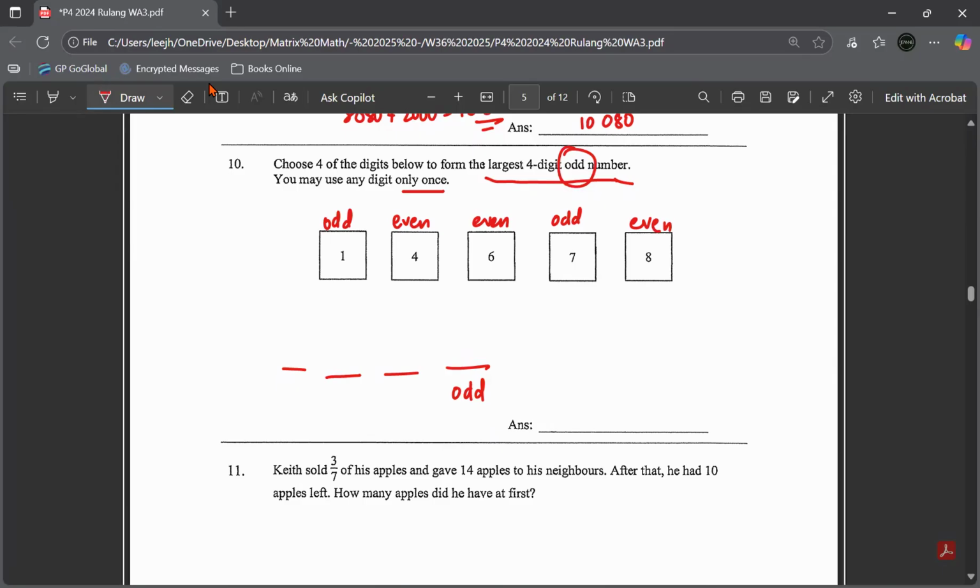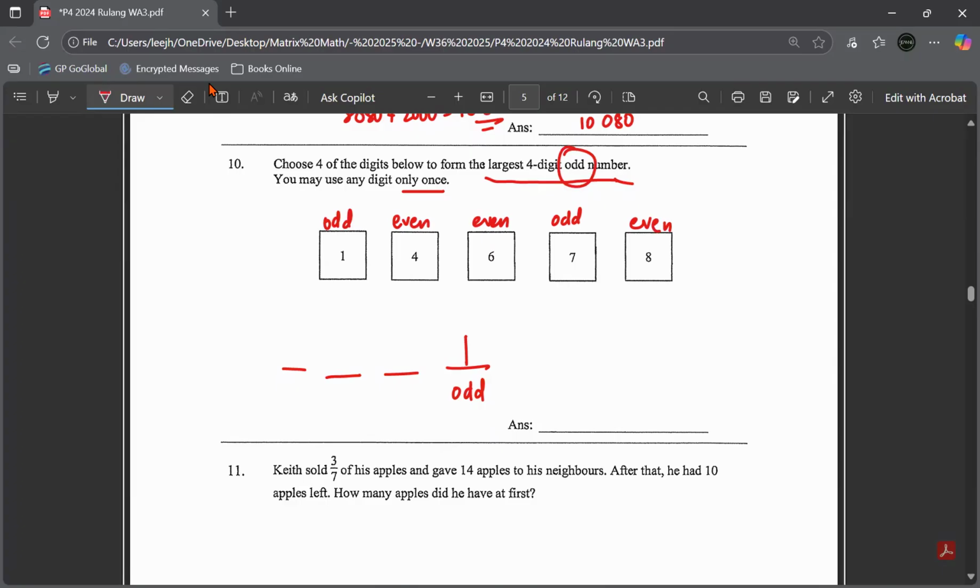So I want the largest four-digit odd number, which means the smallest odd number must go to this last digit. So out of these numbers, the smallest odd number is a 1. Then I'm going to arrange the numbers, be it even or odd, from the greatest digit to the smallest digit, whichever I can do, okay?